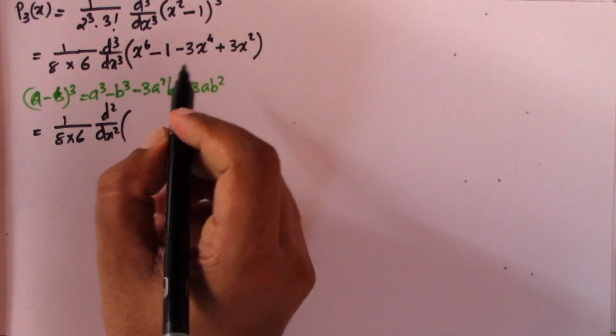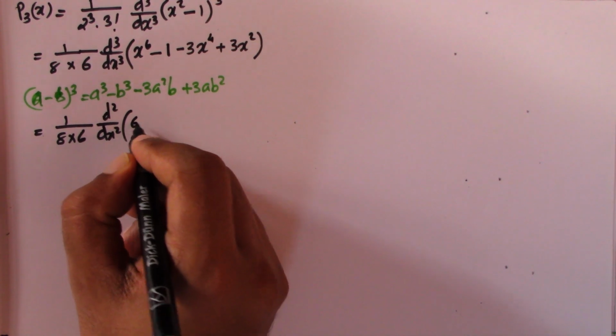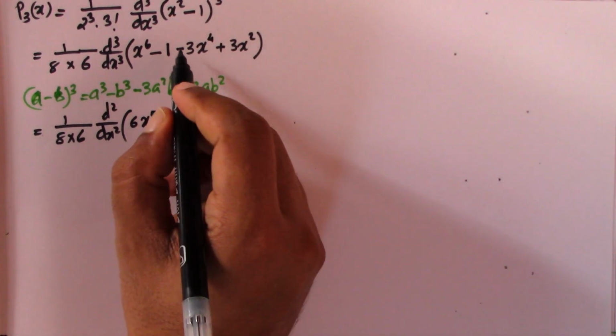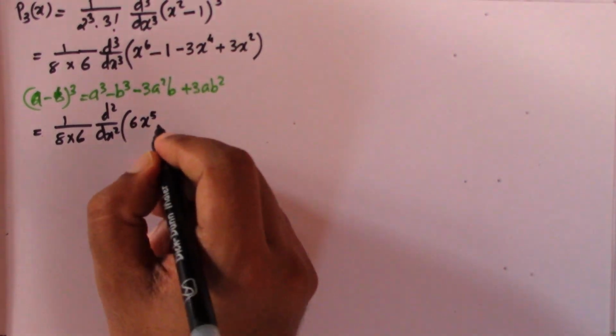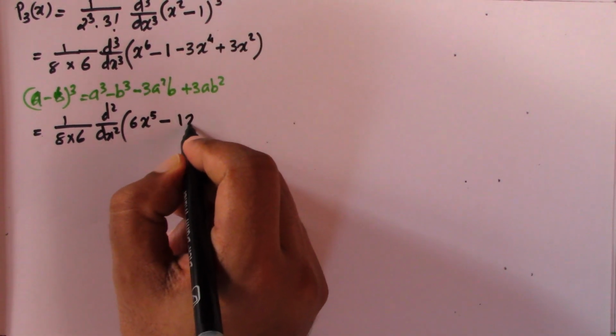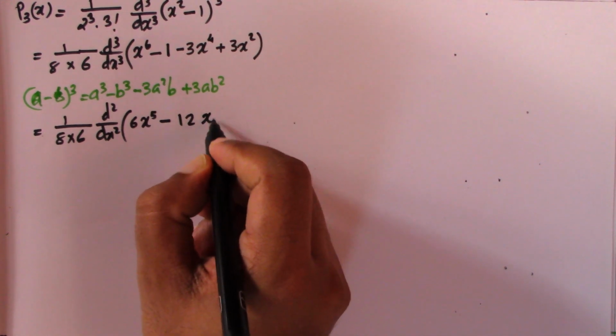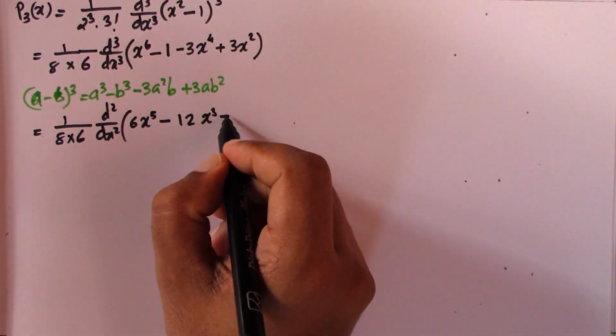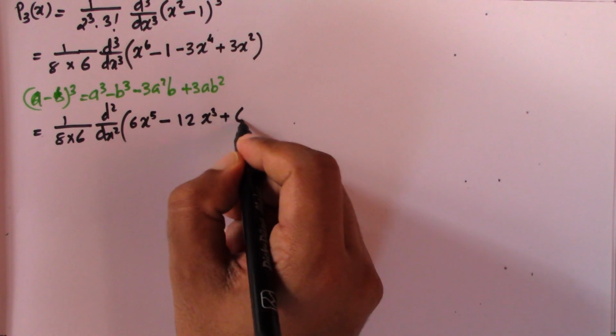the first derivative of what is inside the bracket, that is equal to 6x raised to 5, this one will become 0, minus 3 into 4, that is 12 x cube, plus 6x.